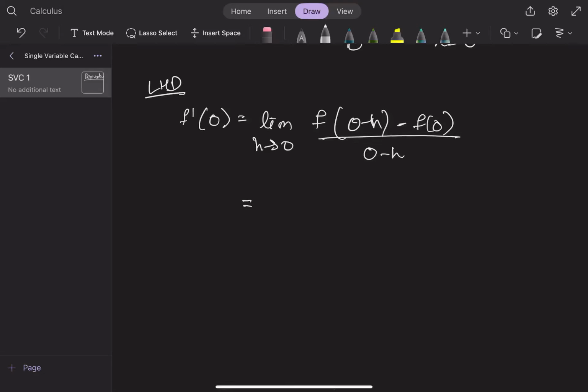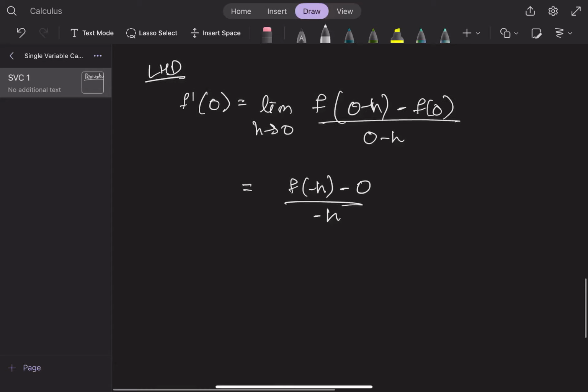So this becomes f of minus h minus 0 divided by minus h. So I can write this as minus f of minus h divided by h.